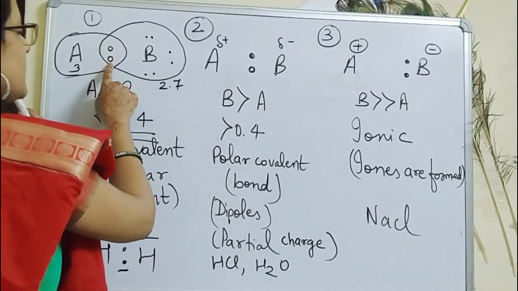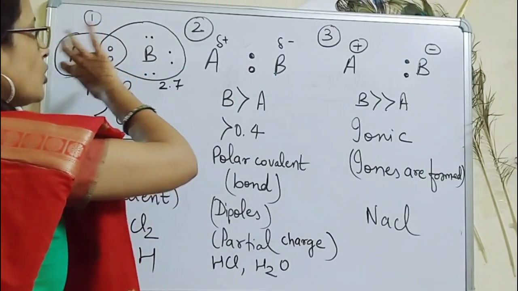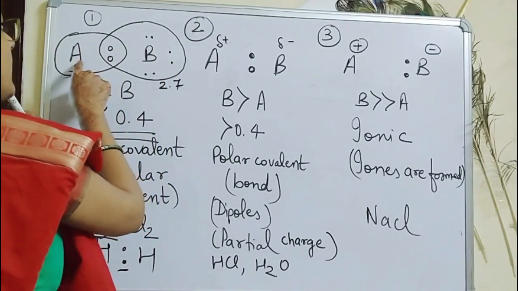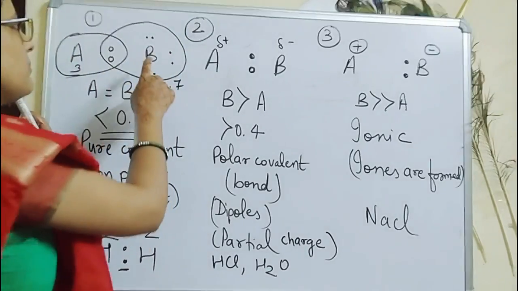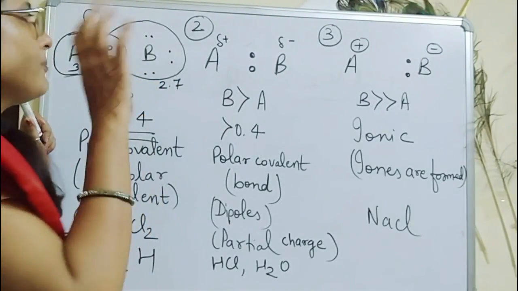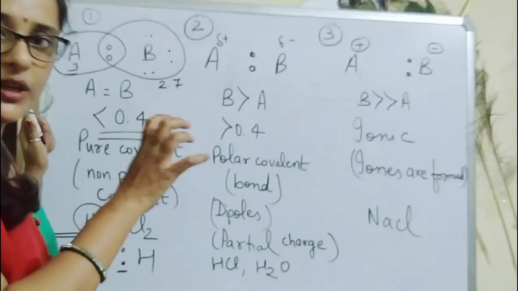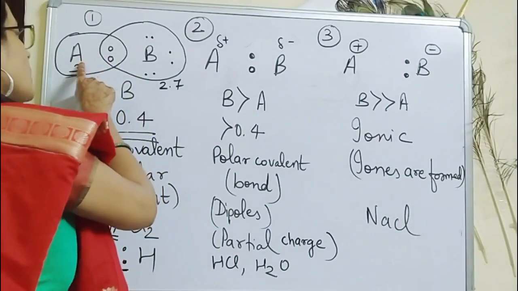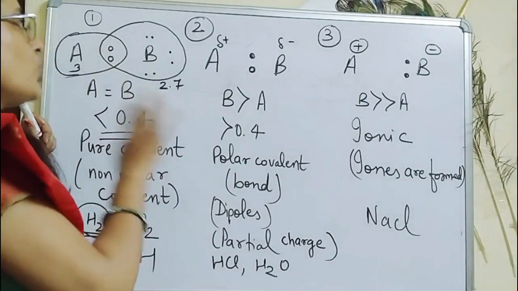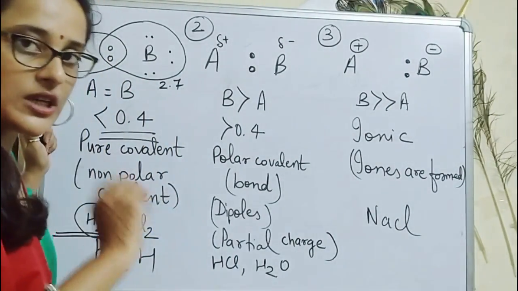Let's suppose this electron pair is attracted more towards B, as a result of which A will develop a slight positive charge and B will develop a slight negative charge. But over here they both have almost the same value of electronegativity, so they both are neutral, that is, they have not developed any amount of charge.